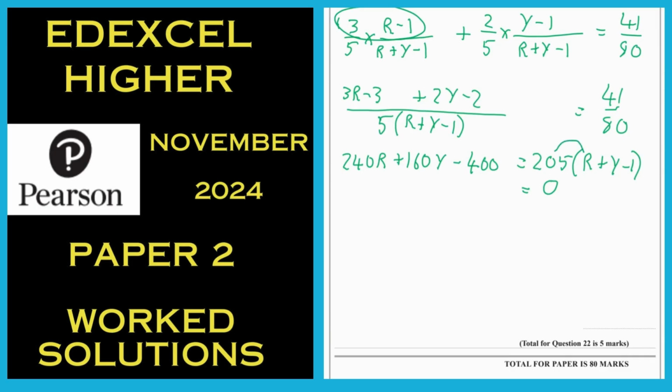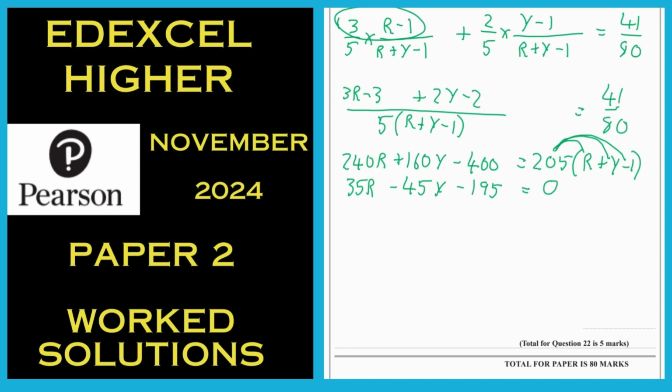So 205r, subtract that from both sides. 205y, subtract that from both sides. Minus 205, add 205 to both sides.